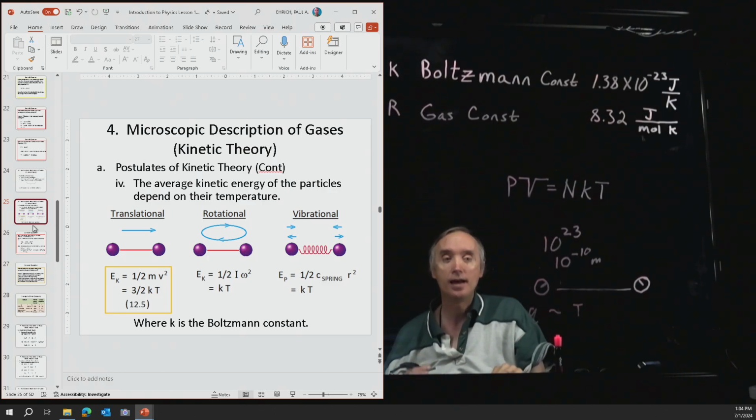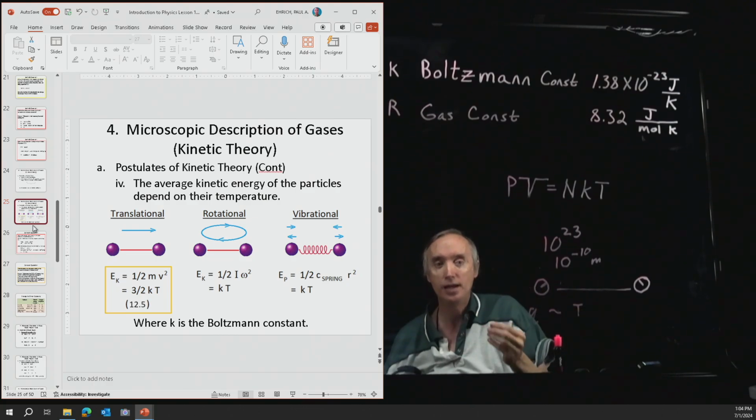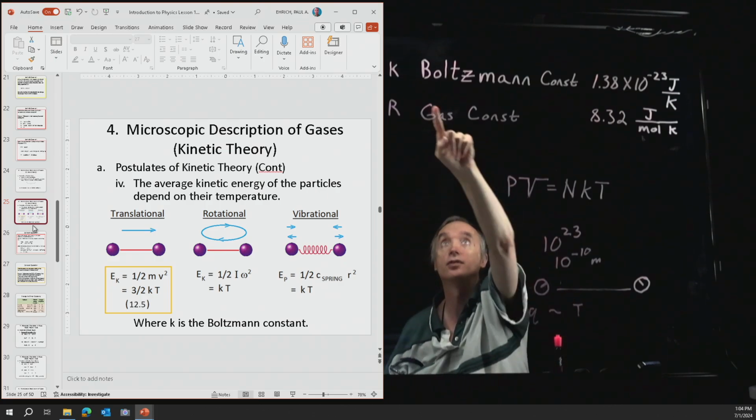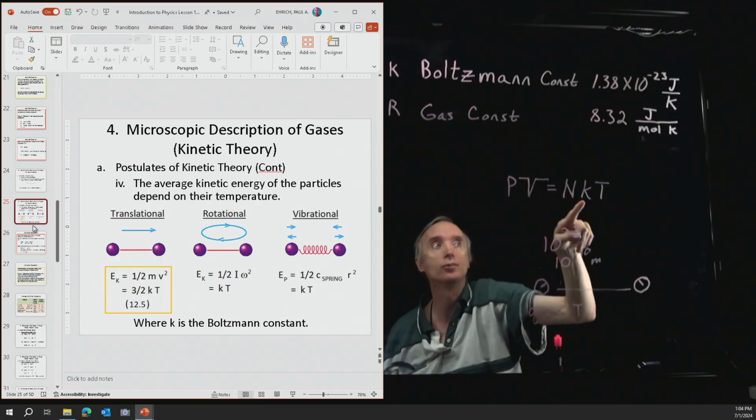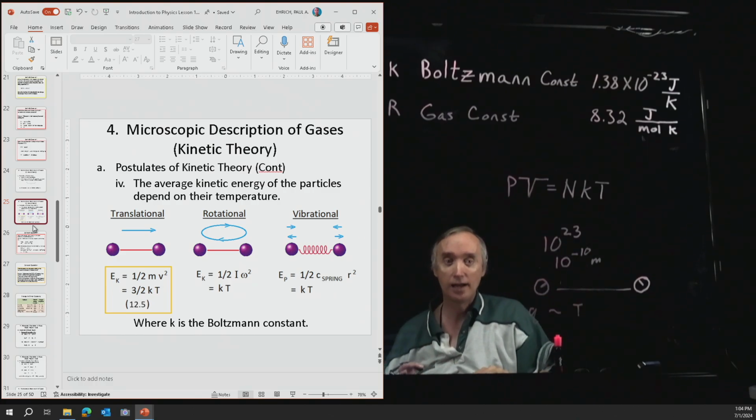And then it turns out that energy is proportional to the temperature, and it's going to be equal to 3/2 kT. Now, do you remember the k? So the k is this one up here, which is the same as this k right here. So the average energy of those molecules is going to be equal to 3/2 kT.